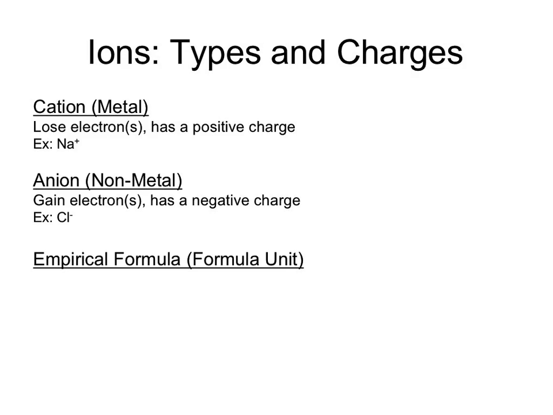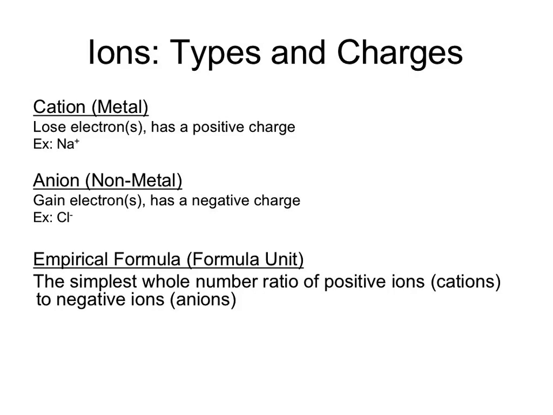Empirical formula, or formula unit. These are vocabulary words: empirical formula, cation, anion. The empirical formula is the simplest whole number ratio of positive ions, or cations, to negative ions, or the anions.